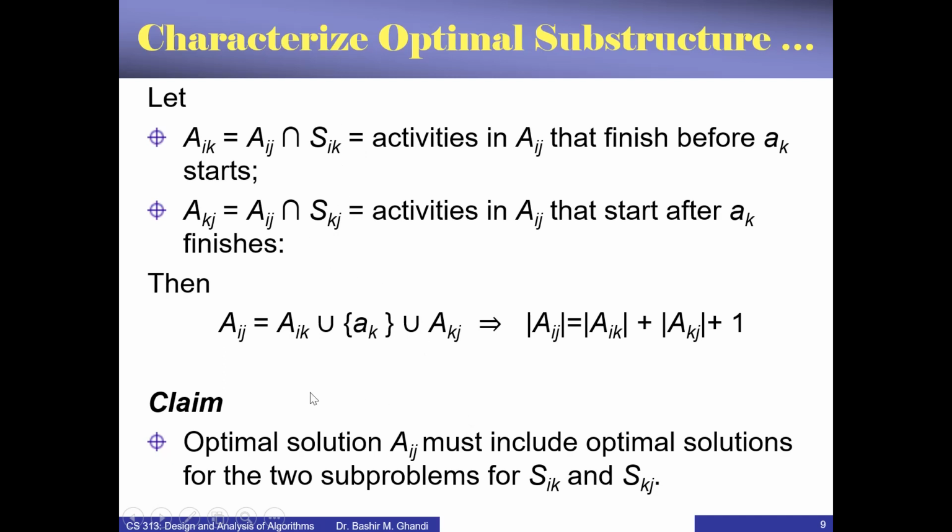If we can show that, then our characterization of the optimal solution satisfies the optimal substructure property. Remember the definition of optimal substructure: the optimal solution must contain optimal solutions to subproblems. So if Aik and Akj are optimal, this optimal solution contains optimal solutions to subproblems, and therefore it exhibits the optimal substructure property. This we have to prove.